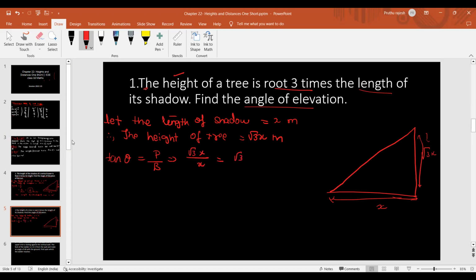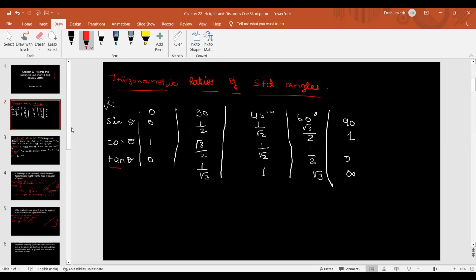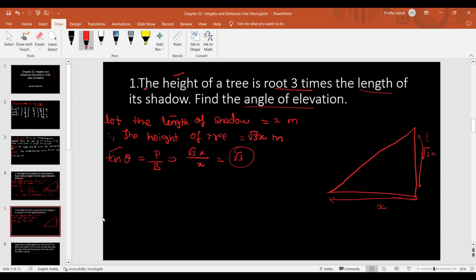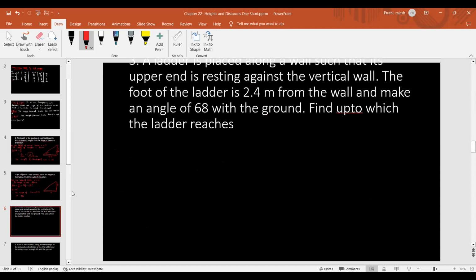Now we've got the value of tan theta to be root 3. If we go back to the table, root 3 comes under tan 60. So theta is equal to 60 degrees. Therefore, the angle of elevation is 60 degrees. Clear? Now let us look at another problem.